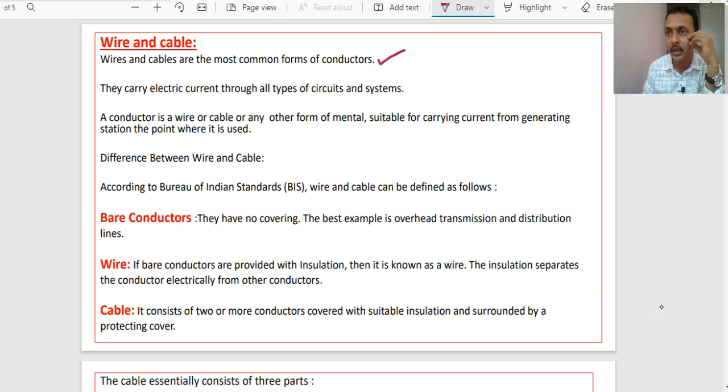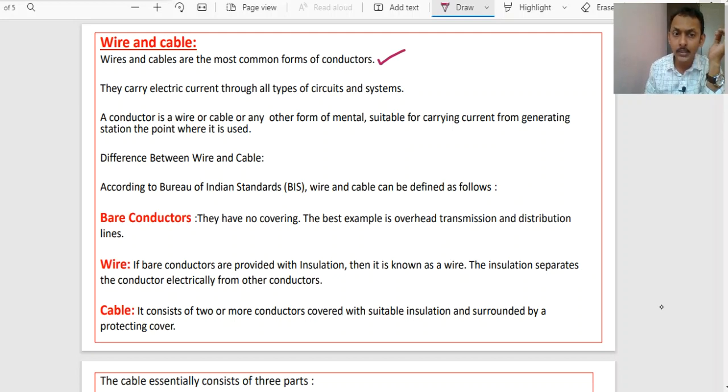In order to make the current flow from source to the load point, we have to make use of these conductors. Now these are going to carry the electric current from all types of circuits and systems from source to the load, right?